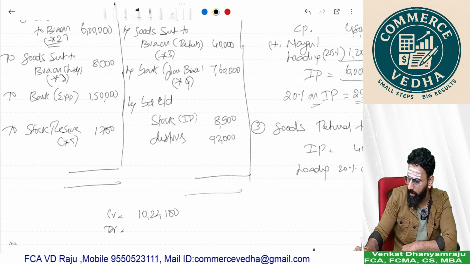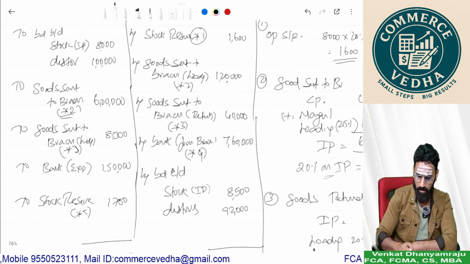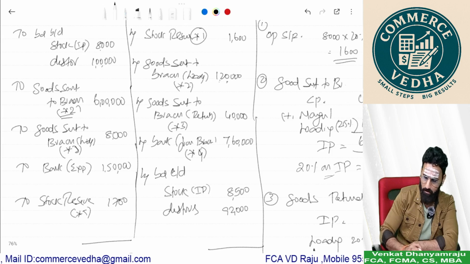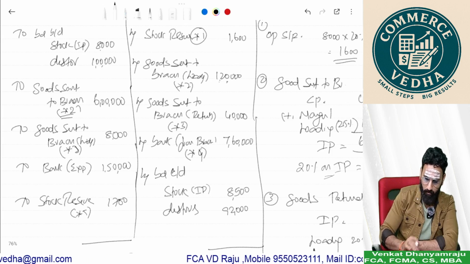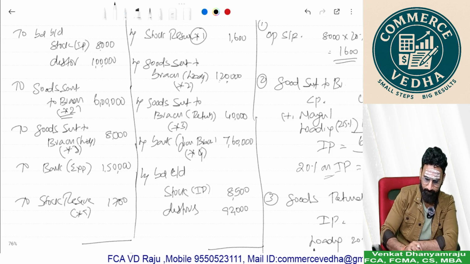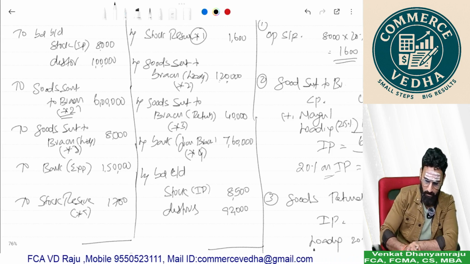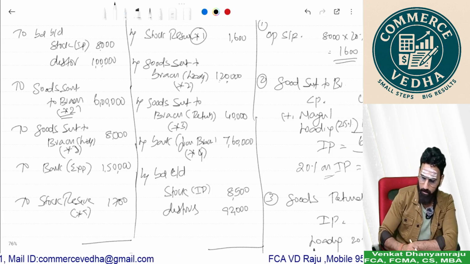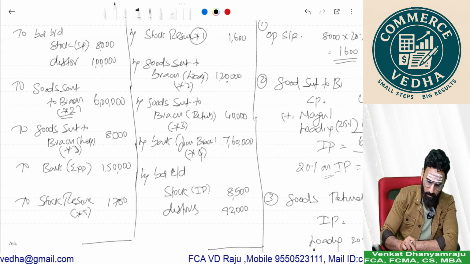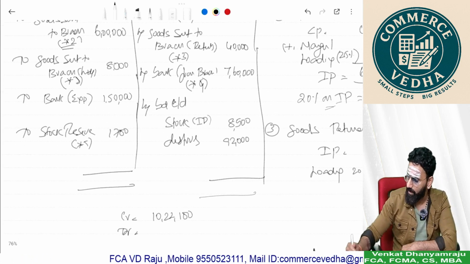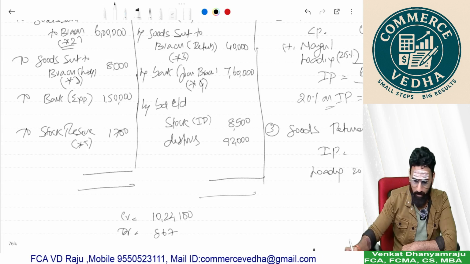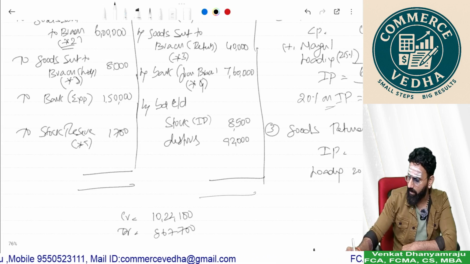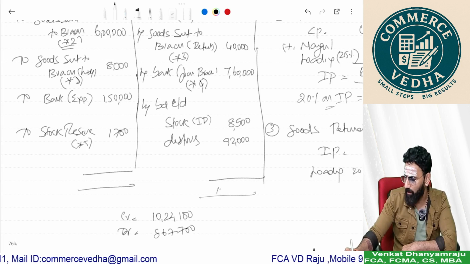What are my debits? My debits are 8,000, 1 lakh, 6 lakhs, 8,000, 1,50,000 and 1,700, which is 8,67,700.